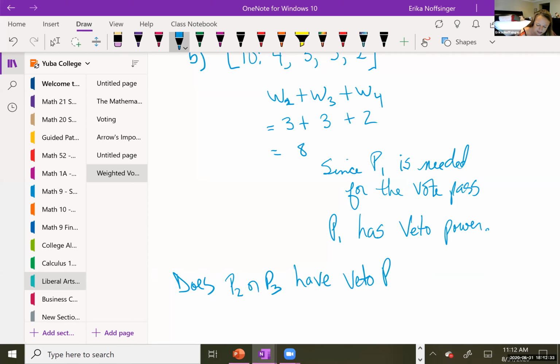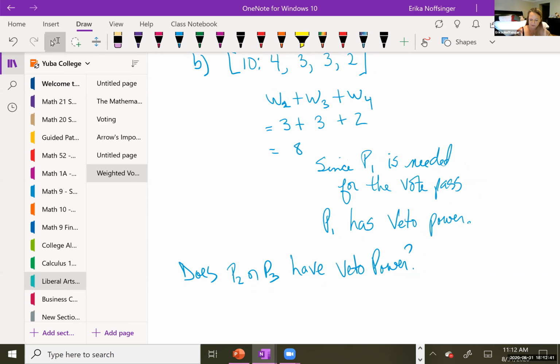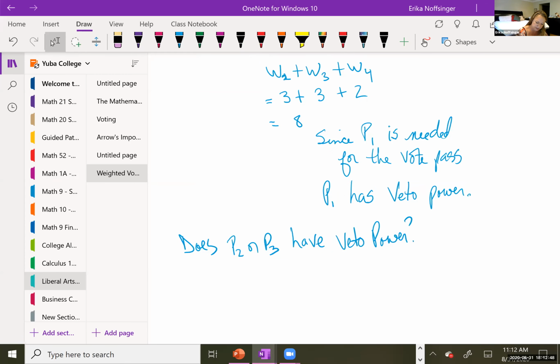I want to see, do they need either player 2 or player 3? If everybody else voted and one of those people didn't, could they pass the motion? So for player 2, which is the same thing as player 3, let's look at the weight of player 1, plus the weight of player 3, plus the weight of player 4.